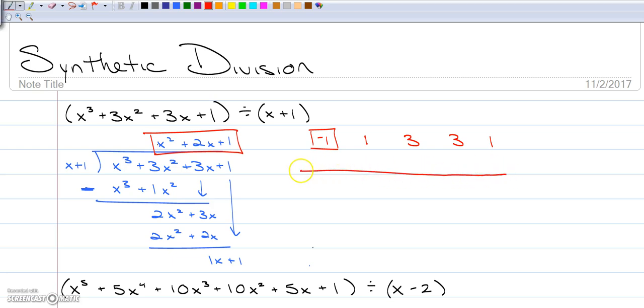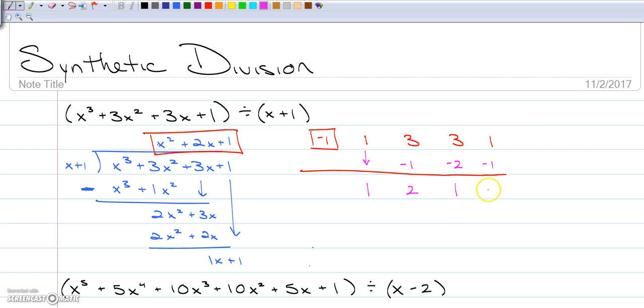The process starts by moving this 1 straight down. I end up with a negative 1. And then a 2. And then a negative 2. And a 1.